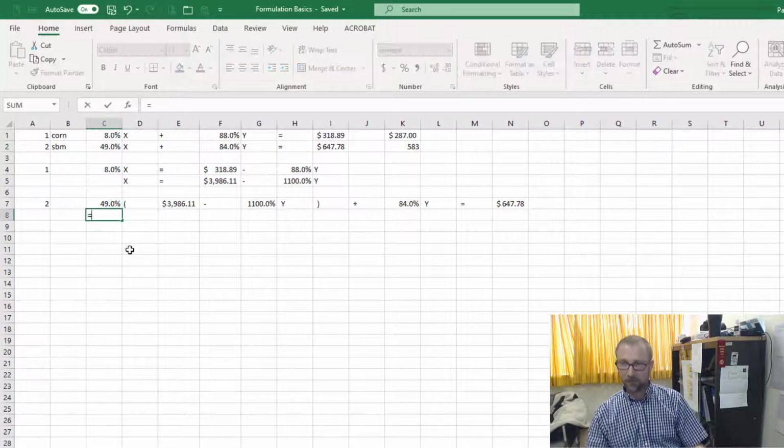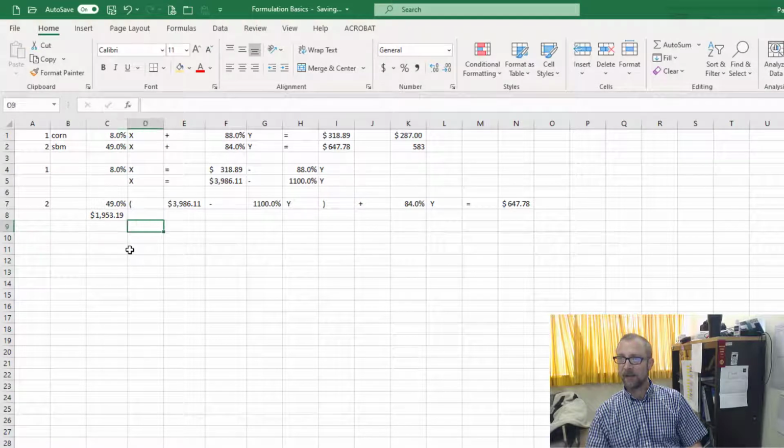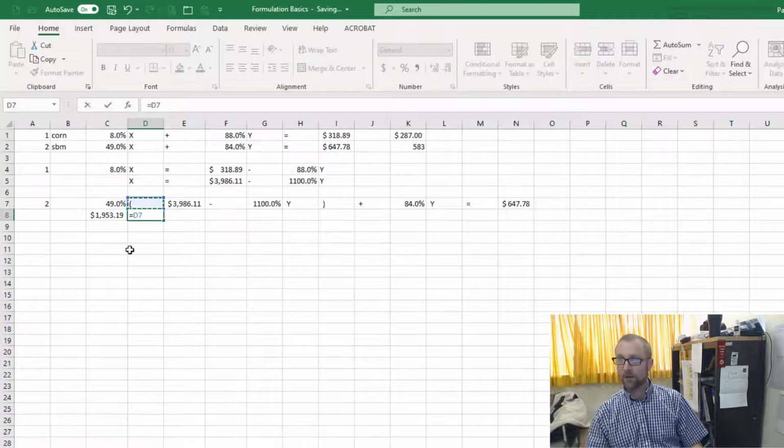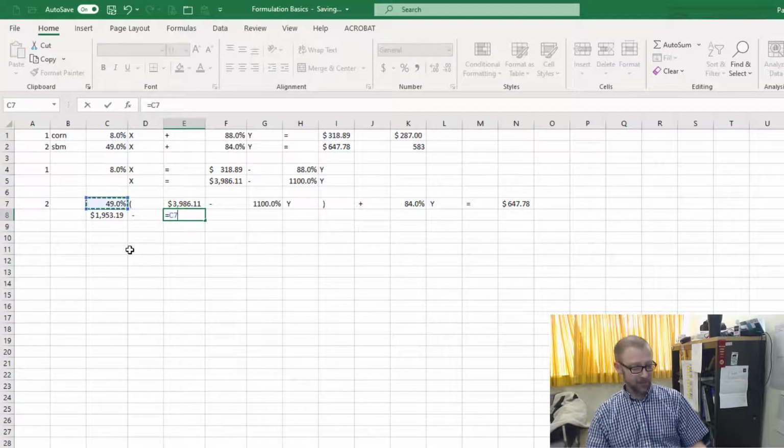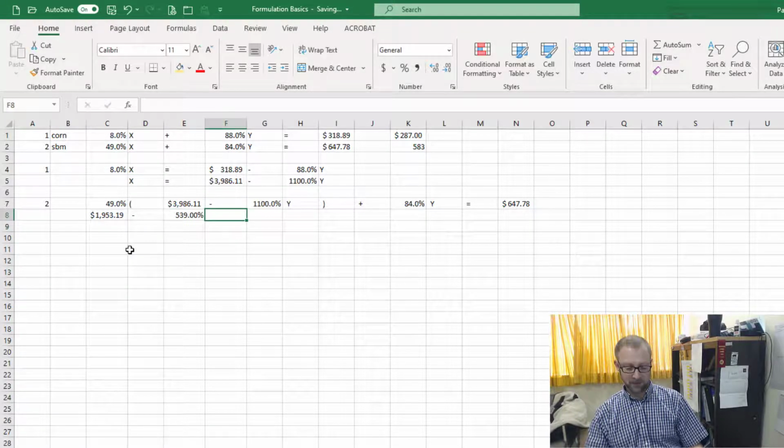So I'm going to go equals 49 times 3,900, and then equals this minus, and then we're going to multiply the 49 times that for the y.